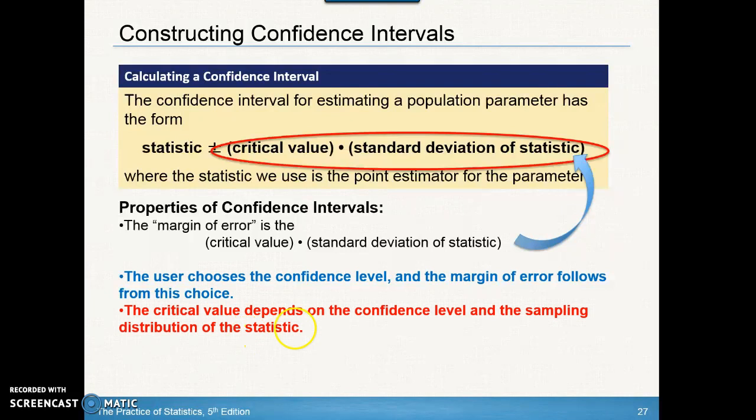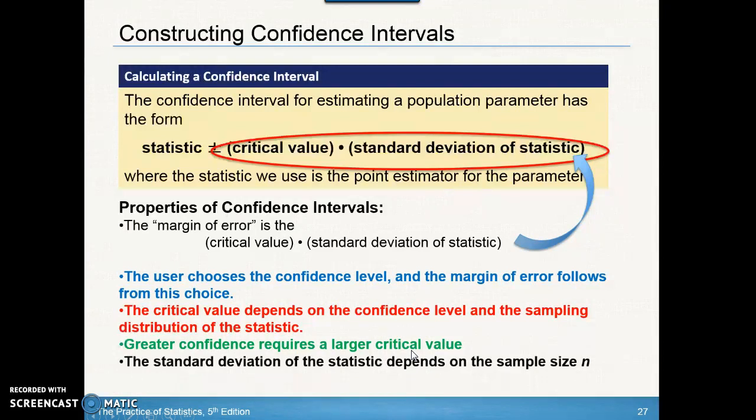So the critical value depends on the confidence level, 80%, 90%. Think about how much area of the curve you're taking up, 80%, 90%, okay? And the sampling distribution of the statistic. A greater confidence requires a larger critical value because you're taking up more area of the curve. The standard deviation of the statistic depends on the sample size n.